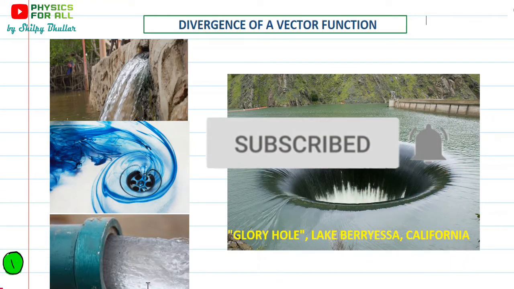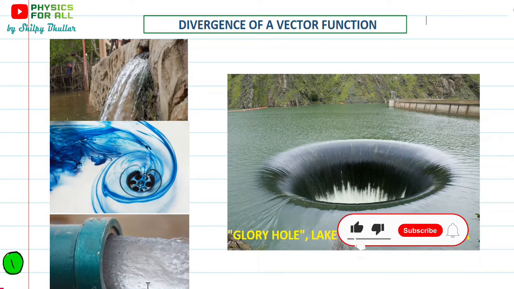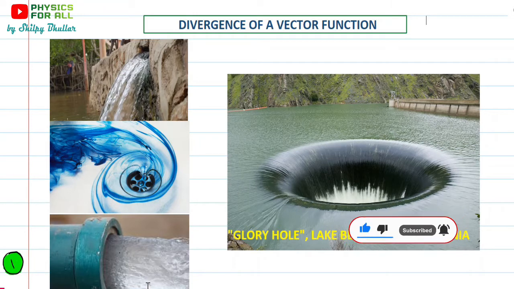But for me, this gives a glimpse of something related to divergence of a vector function. You all know what vectors are now: physical quantities which have both magnitude and direction. So if something is flowing, whether it's liquid or gas, any fluid, and it has some particular direction, then we can consider it to be a vector.